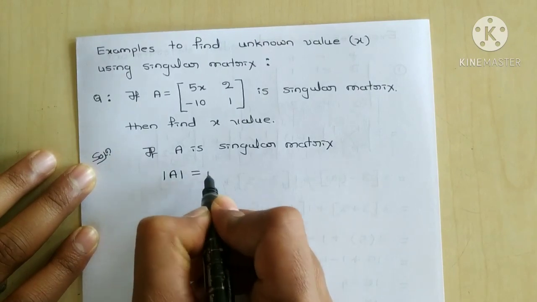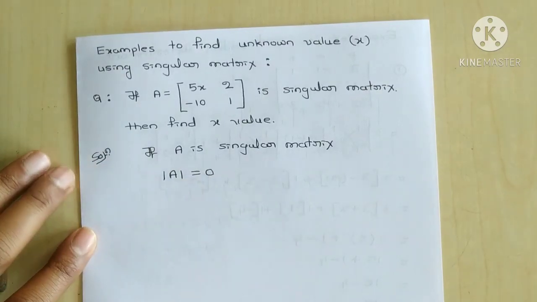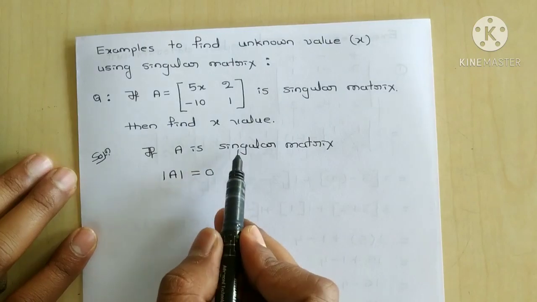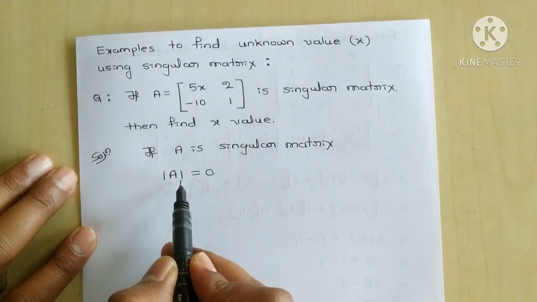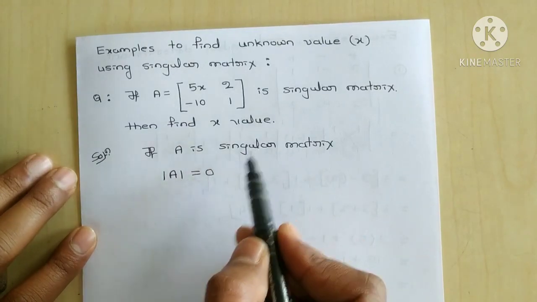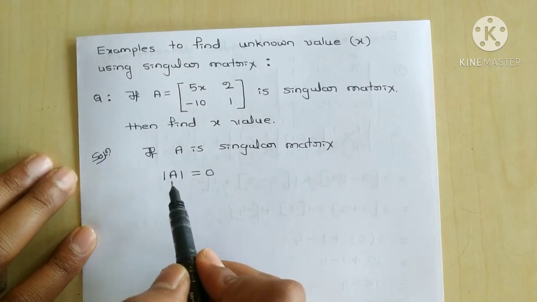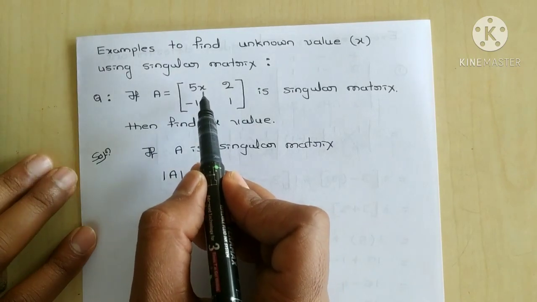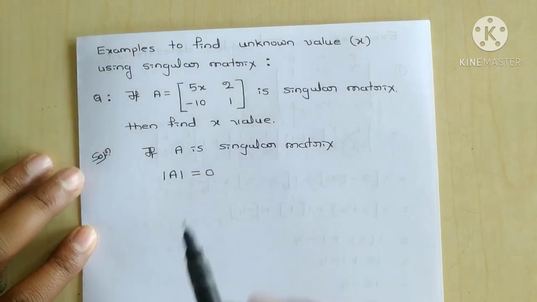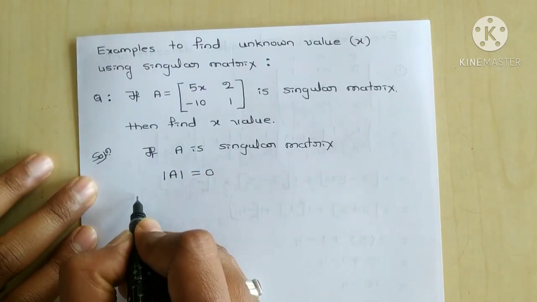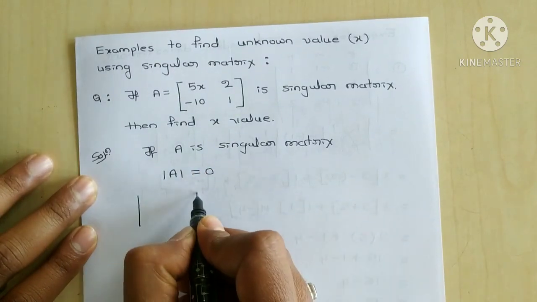The determinant of A value goes to 0. If A is a singular matrix, then the determinant of A is equal to 0. You have to write this condition, and then only you can find the x value. So next, the determinant symbol, I am going to keep it as it is.